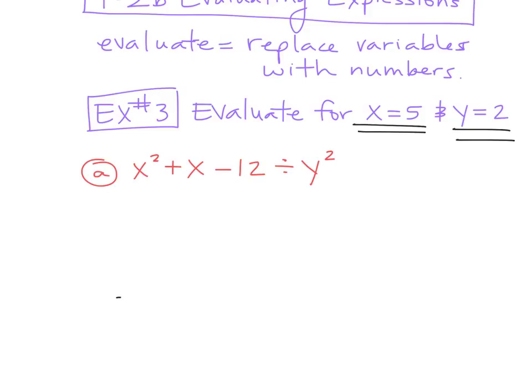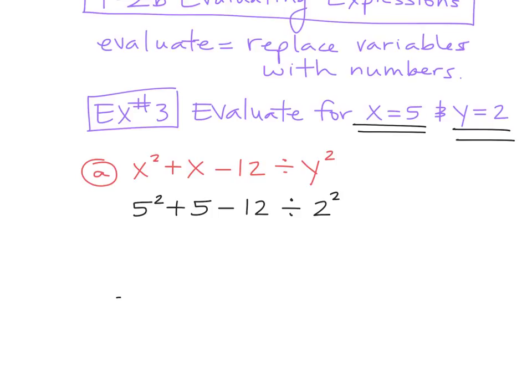So right here, I would get 5 squared plus 5 minus 12 divided by 2 squared. Okay, so what we just did right there, that's really the only new thing today. It's take out the variable, put in the number. The rest of it is what we did yesterday. Now simplify it, solve it, okay?